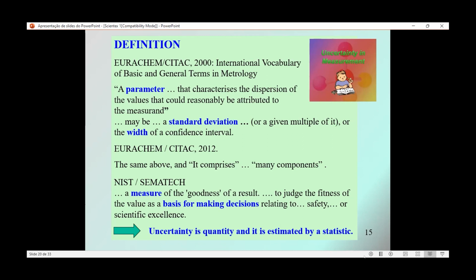In Eurachem/CITAC 2012, the same definition is used, and they say that it comprises many components.